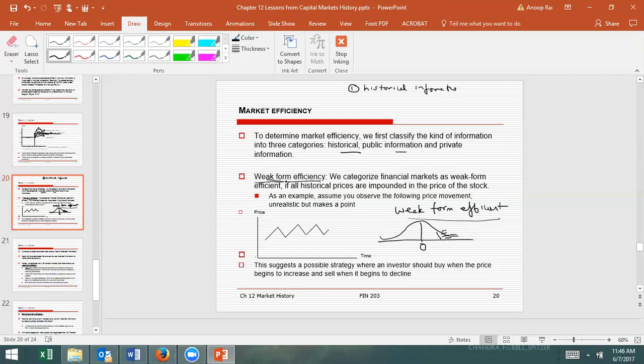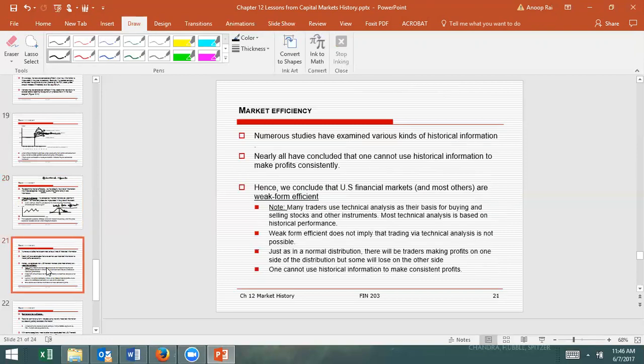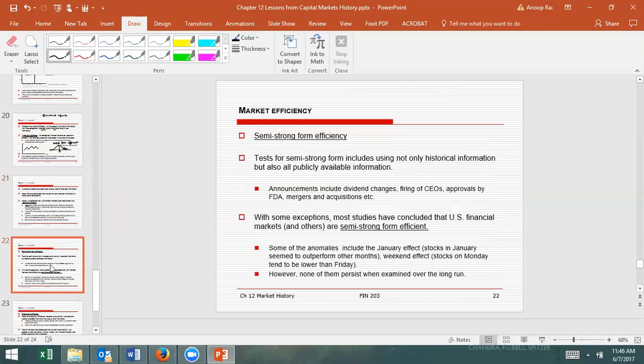We still consider the markets weak form efficient because the trading strategies are very limited, and you have to continuously change them. The next form is what we call information that is both historical plus all publicly available information.